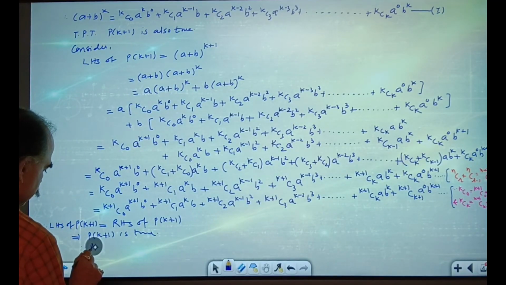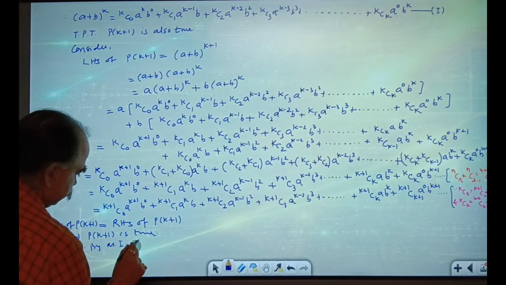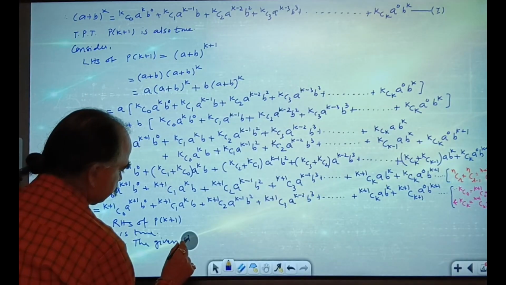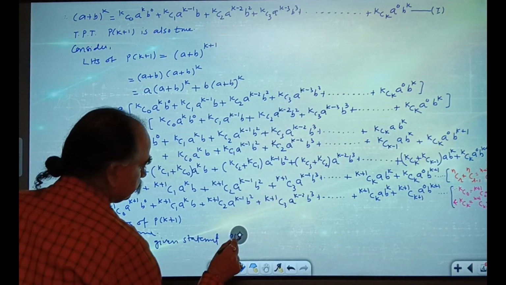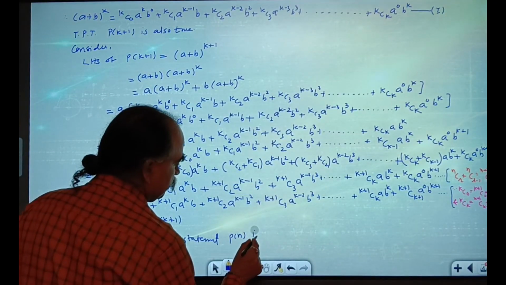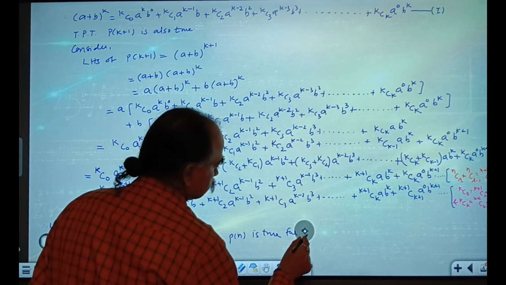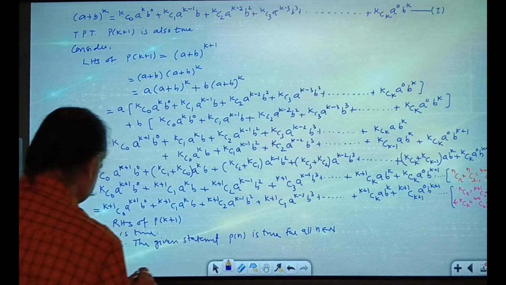Therefore, by method of induction, the given statement P(n) is true for all n belonging to natural numbers.